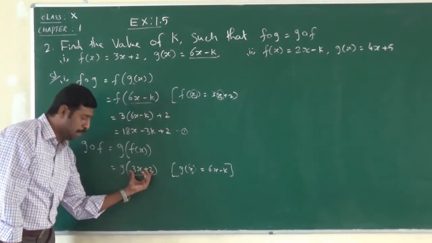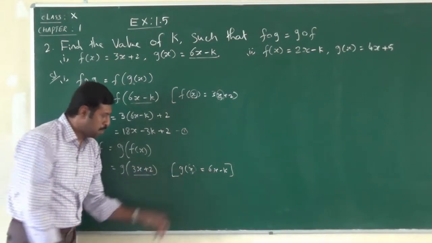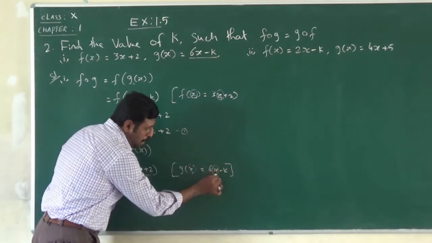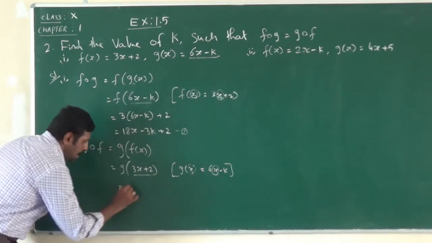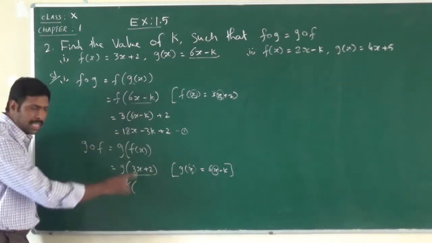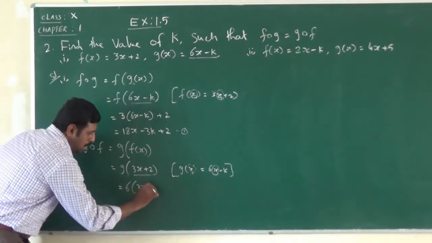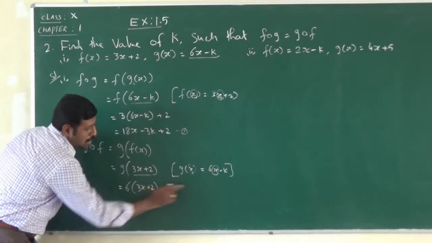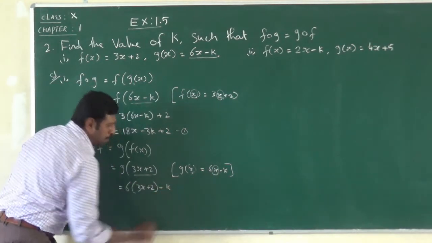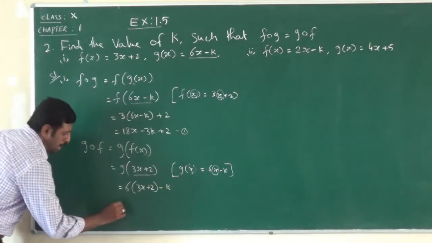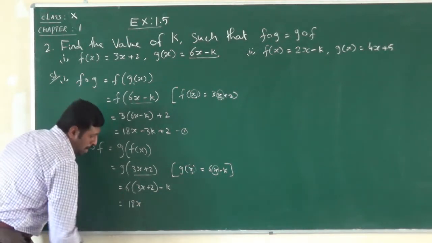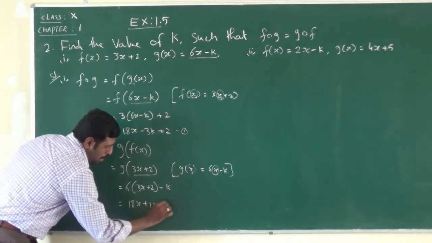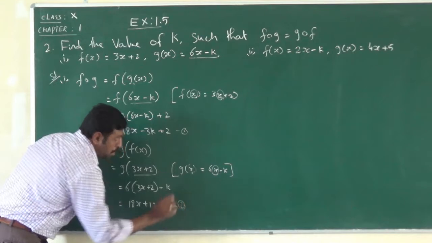We are substituting the x value as 3x plus 2. Then 6 into the x value, 3x plus 2, minus k. Now remove the bracket: 6 times 3 is 18x, and 6 times 2 is 12, minus k. Let me take this as equation number 2.